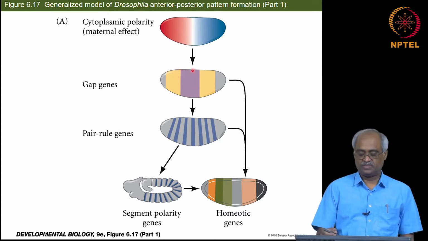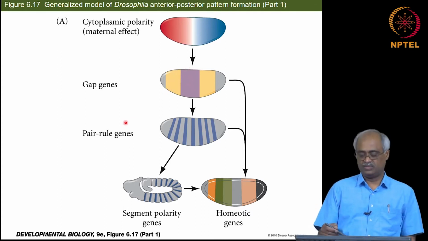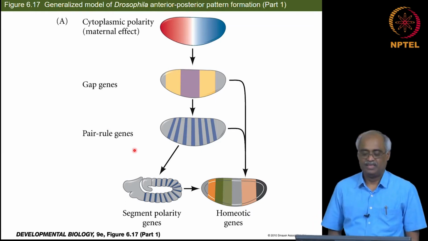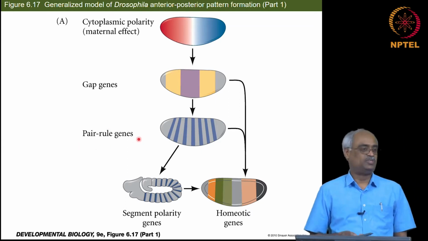These stripes are not showing any overlap, but they do overlap, like for example this orange color may overlap some part of this purple, and purple may overlap this. That overlap, and exclusively this orange or exclusively purple, all of that matters in terms of which set of next genes are going to be turned on, and they are called the pair rule genes.